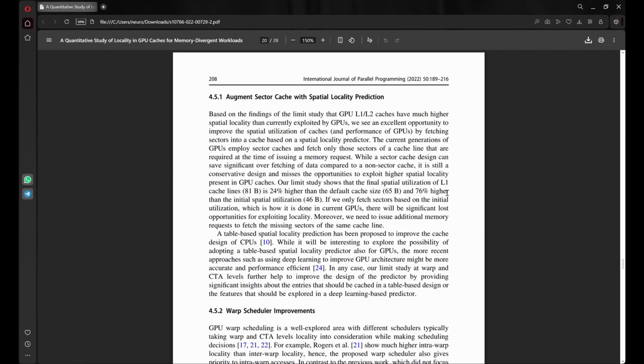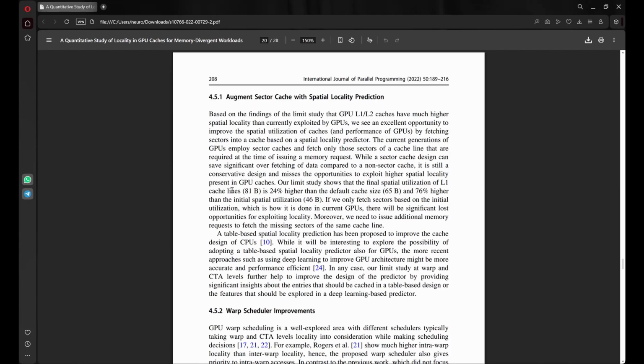But if the cache line wasn't evicted, or if there was no overfetching, and there was a better method of fetching sectors, then you would have a cache that pretty much would only evict a line if there was absolutely no re-referencing that was going to happen.